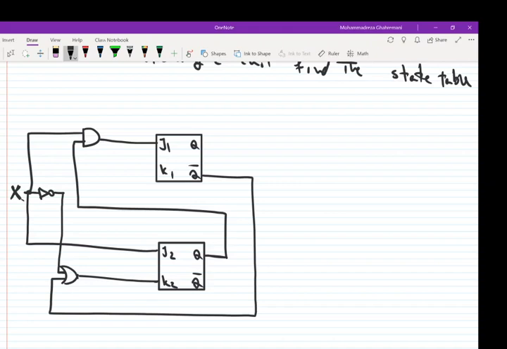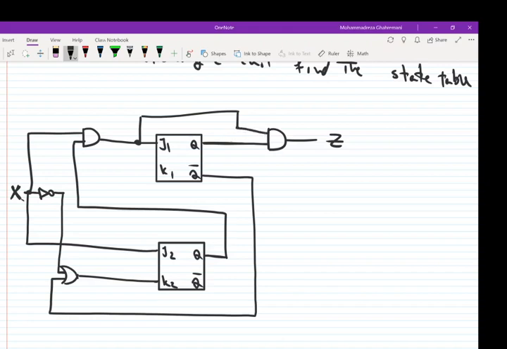What else? The Q output of the first flip-flop is connected to an AND gate and gives the output. The other input of the AND gate for the Z is coming from J1, like this.